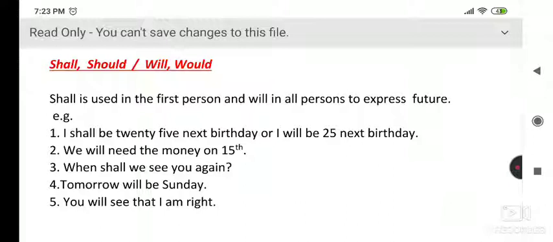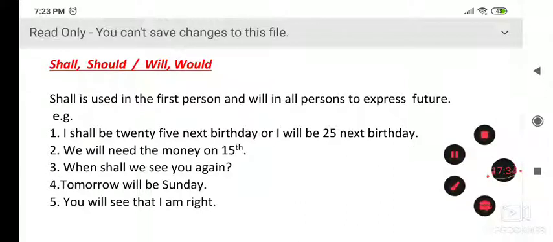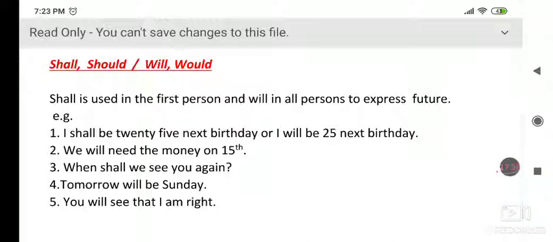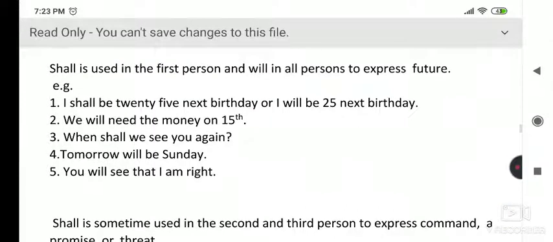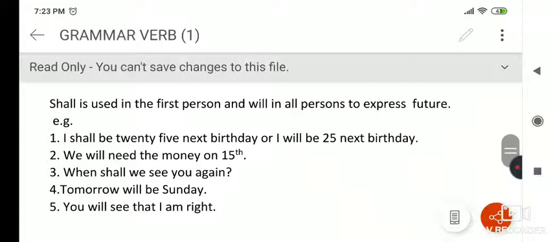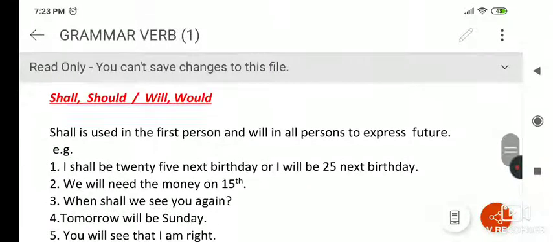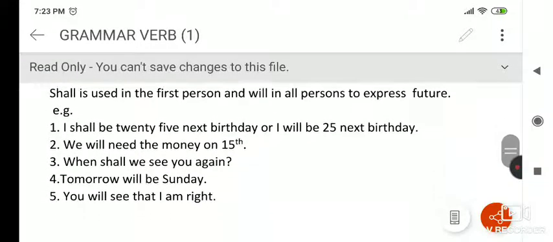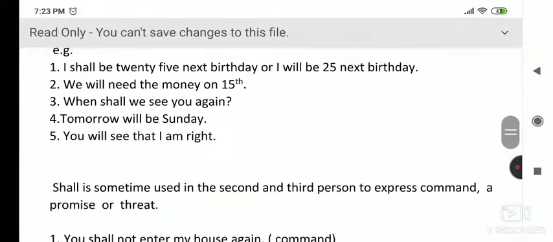We can easily identify that will and shall are used to express the future in the sentence. Another example is you will see that I am right. So shall and will are used in sentences to express the future.